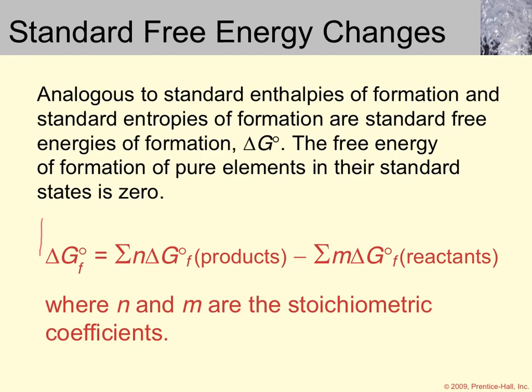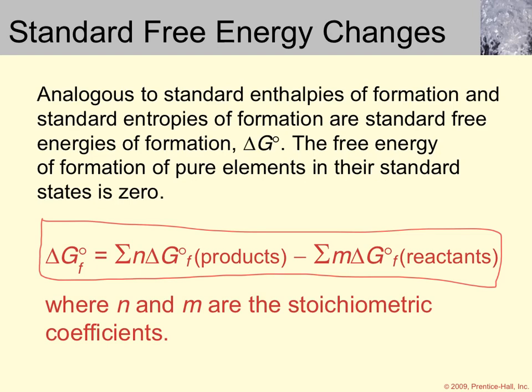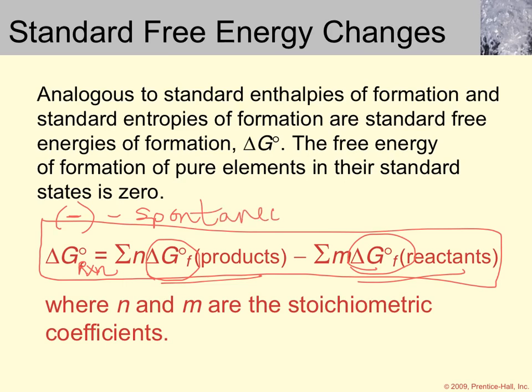And here's our now familiar equation. So if you are given a table with standard free energy of formations, you can use that information to calculate the standard free energy of a reaction, just like we did with delta H and delta S. Again, any free energy change that is negative means not only that it's energetically favorable, but that it's spontaneous.